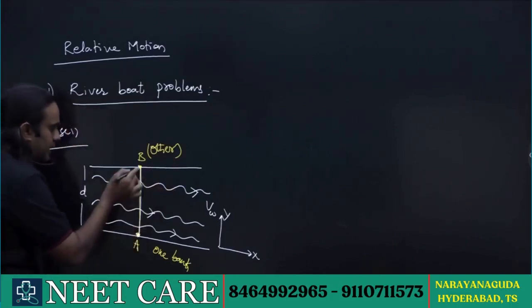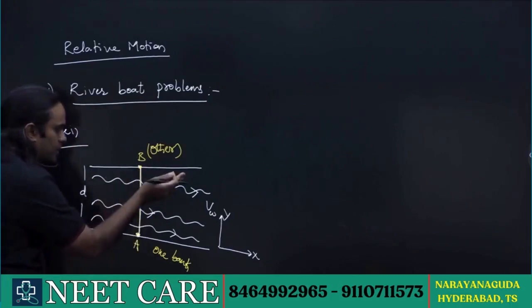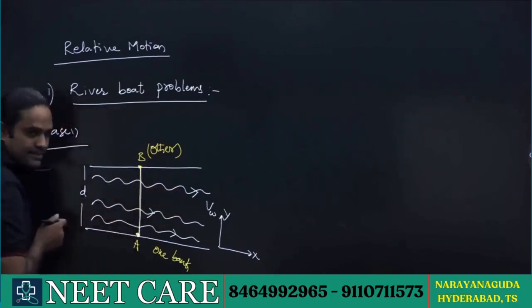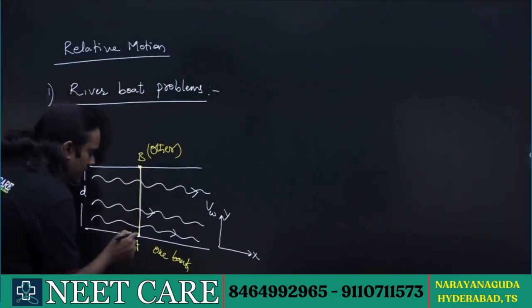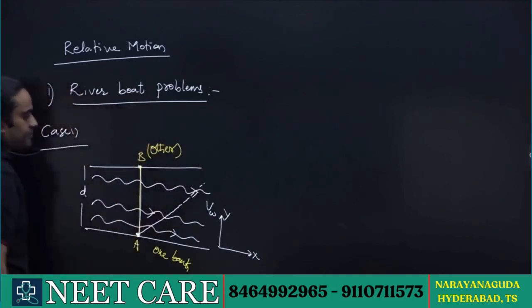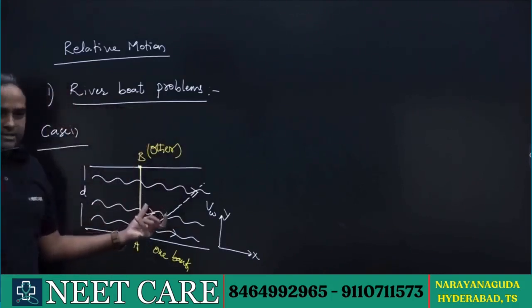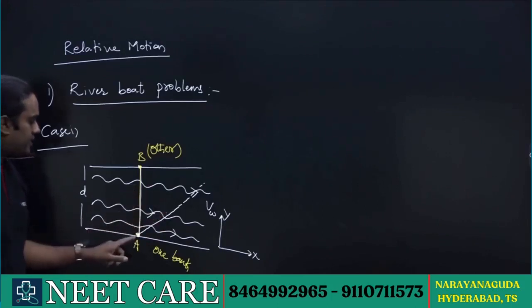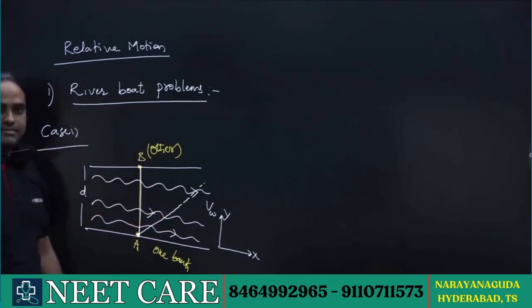If the boat travels along AB, due to the water flow the boat may get displaced, so that it keeps traveling in this direction. If the water flow dominates, then there will be no chance of the boat reaching the other side.